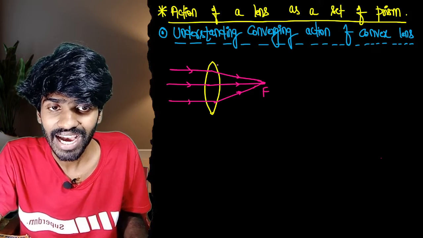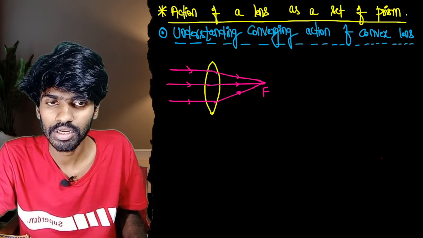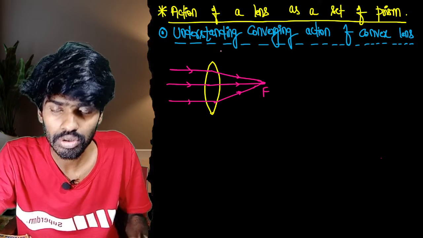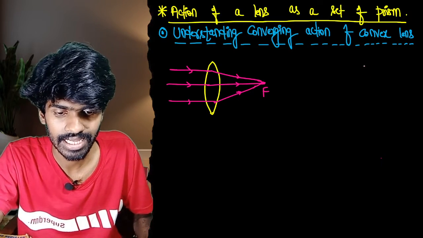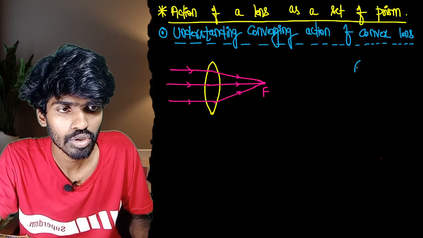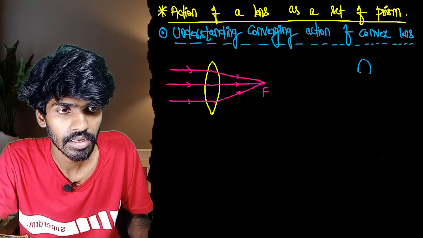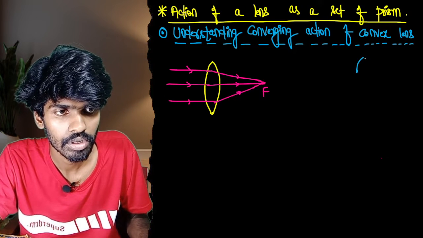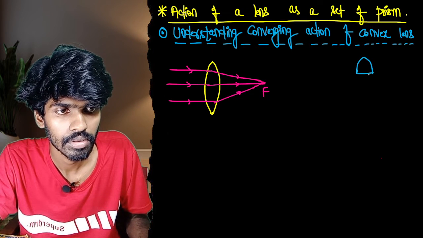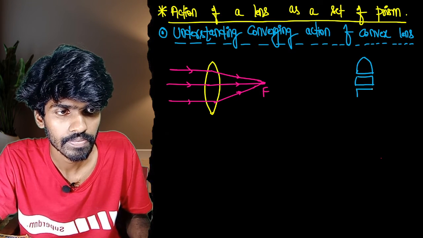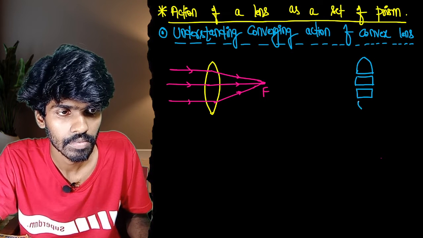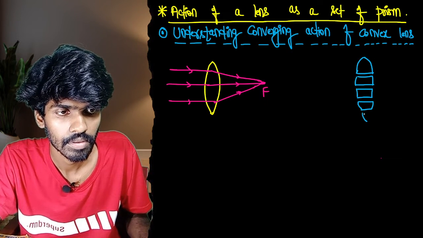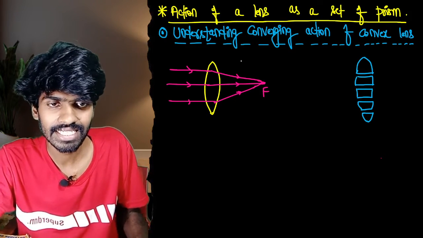Now if we analyze this portion, or if we break the lens into simpler parts, like this, I'm drawing. Let us draw it for our analysis. So if we break a convex lens, it will look like this.